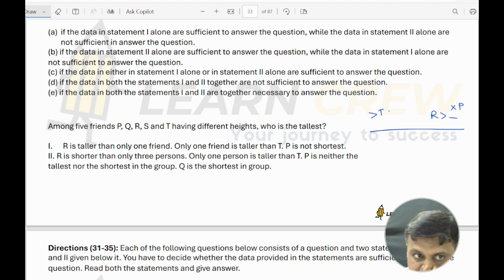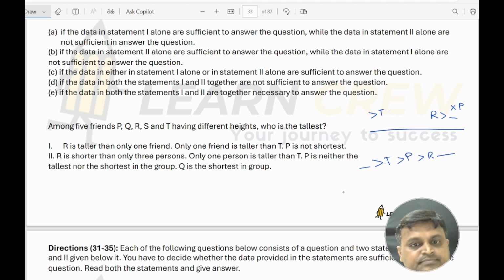Now see the second one. R is shorter than only three persons: first person, second person, third person. Only one person is taller than T. P is neither the tallest nor the shortest.